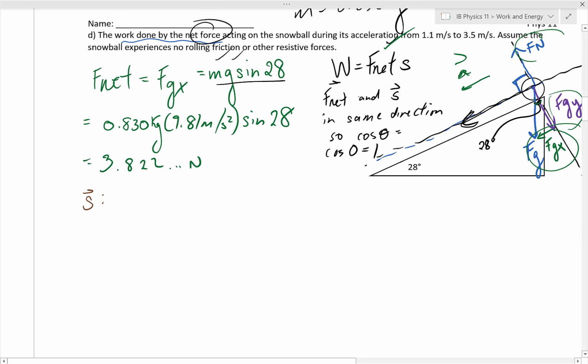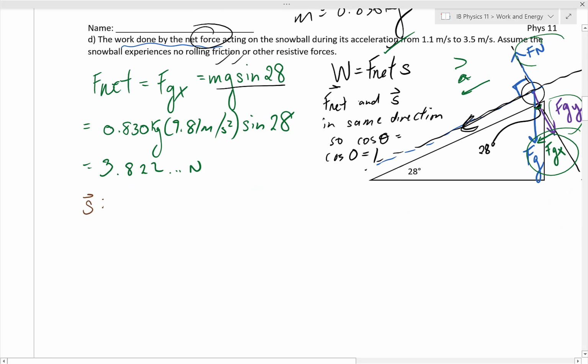To find the displacement going down the incline, we have the final velocity, which is 3.5 meters per second, and the initial velocity, which is 1.1 meters per second. And we want the displacement.